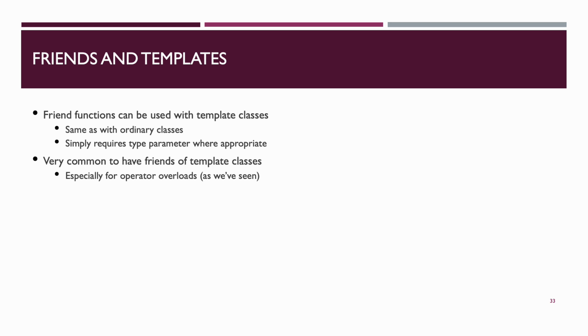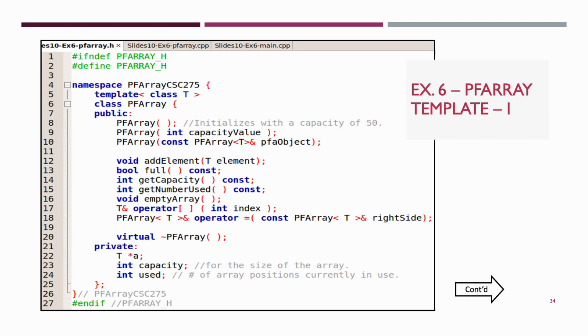So basically, friend functions are a powerful feature in C++ that allows external functions to access the private and protected members of a class, which is specifically useful when implementing operator overloading in template classes. We declared these templates here, template <class T>.